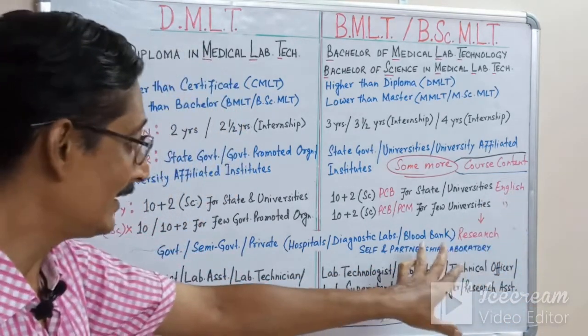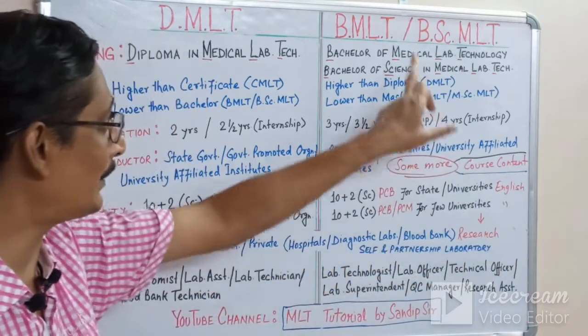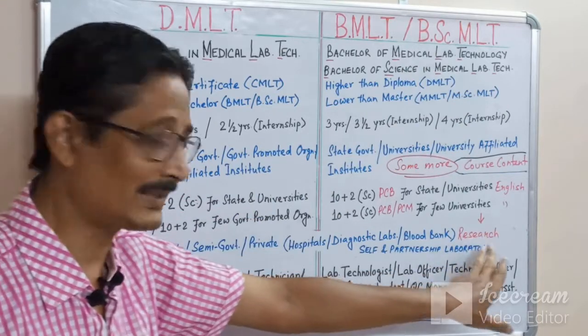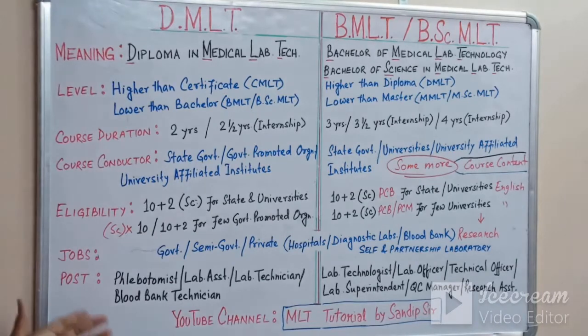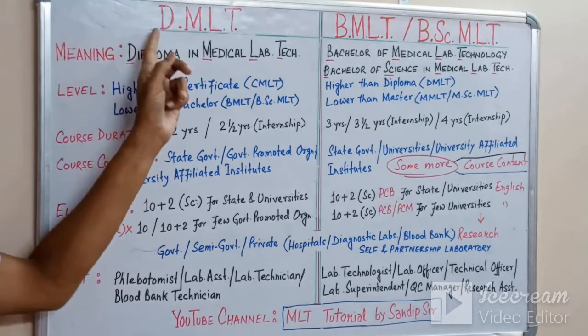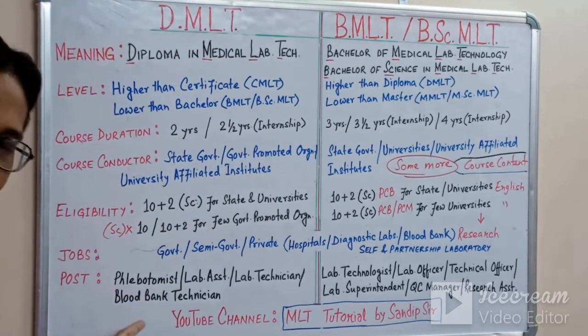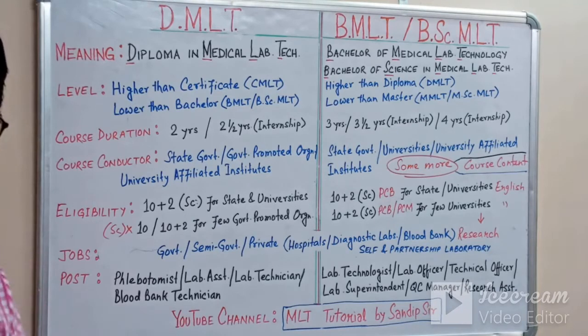Apart from that, research institutes appoint BMLT and BSc MLT pass students for their research projects. I will come to that part later. Now the posts: which posts are offered? For diploma pass students, they offer phlebotomist, the personnel who draws blood or plasma for the plasma bank.